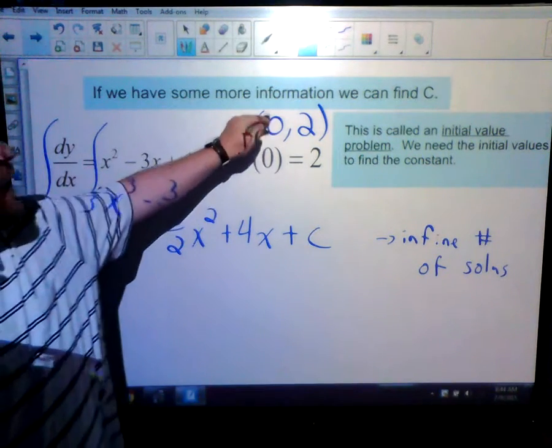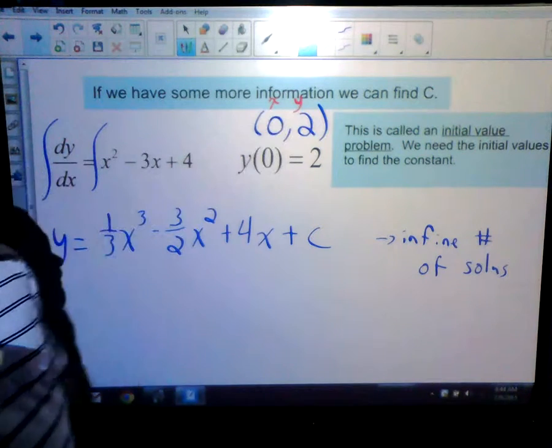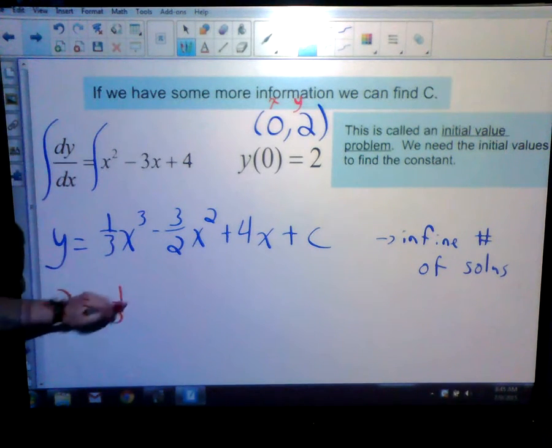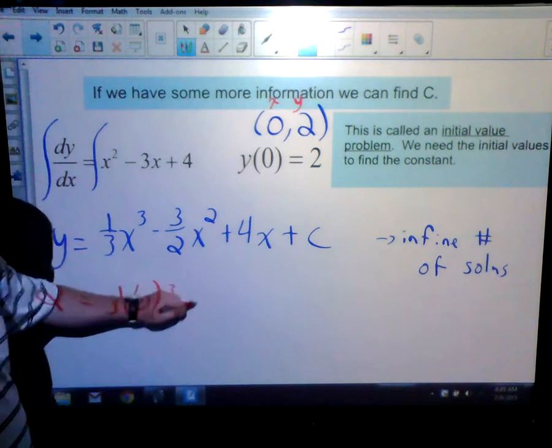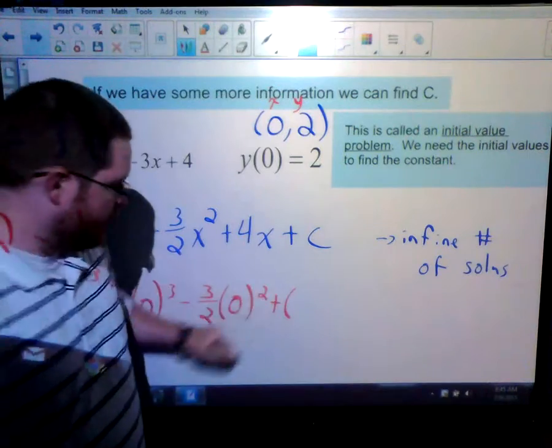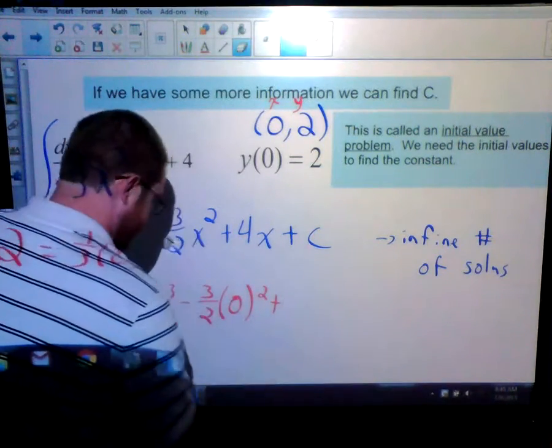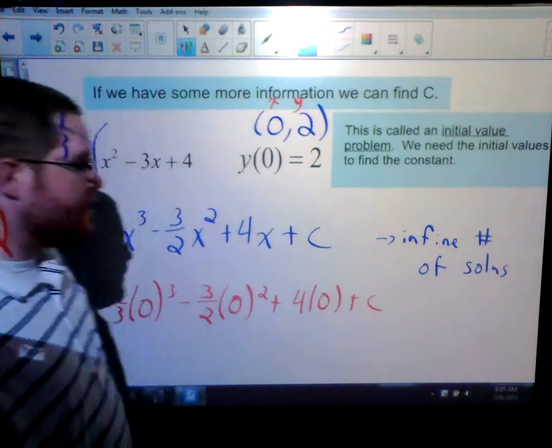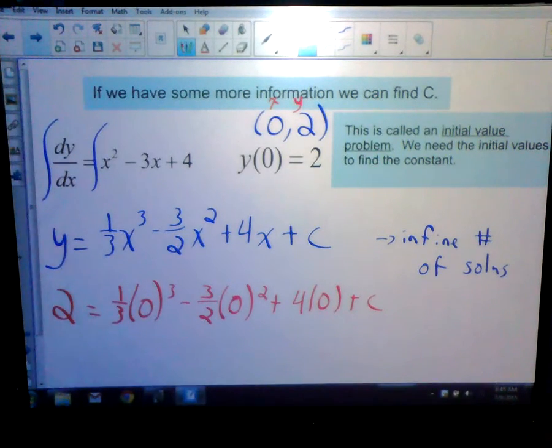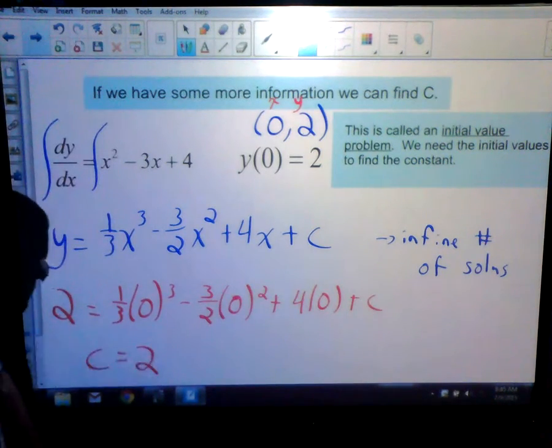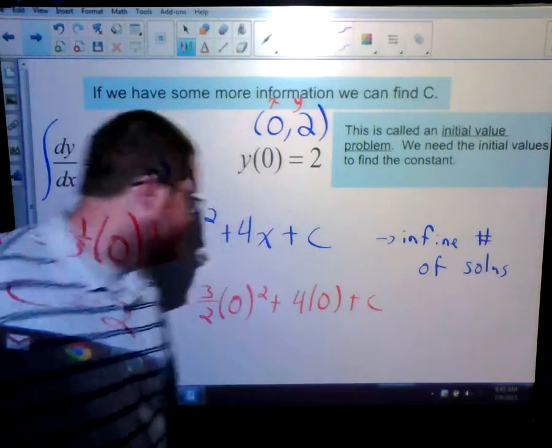Well, this is an x value, and this is a y value. So let's plug in what we know. 2 equals 1/3 times 0 cubed minus 3 halves times 0 squared plus 4 times 0 plus c. I did one that was easy to do algebraically. What's the only thing we don't know now? C. Good thing is cancel, cancel, cancel. C equals 2. So now let's rewrite the problem.